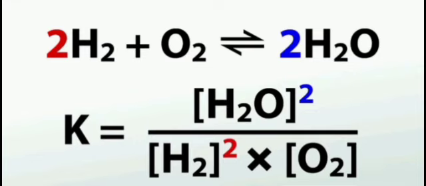We list out the products and divide by the reactants. The products are NO and Cl2. So we write NO raised to the power of its coefficient, which is 2, times the other product, Cl2 raised to power 1. You divide them by the reactants.